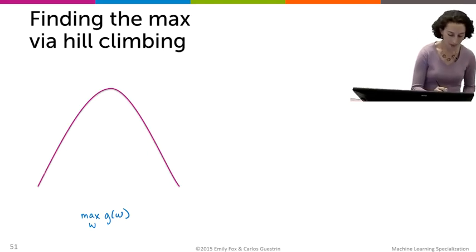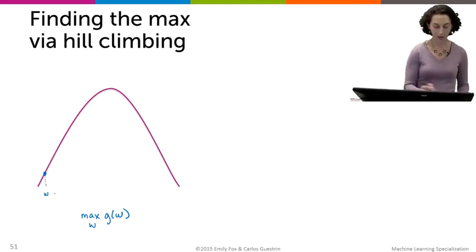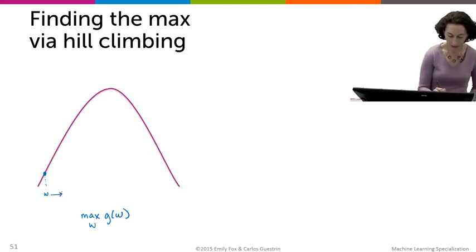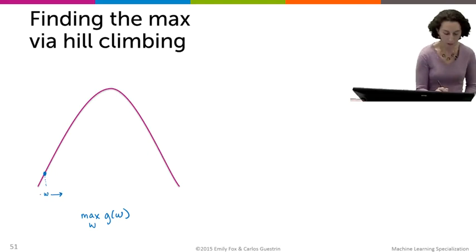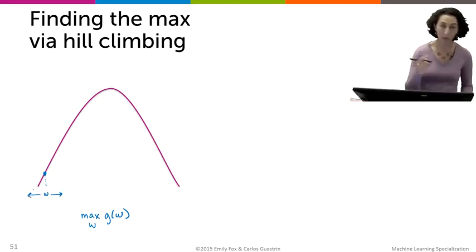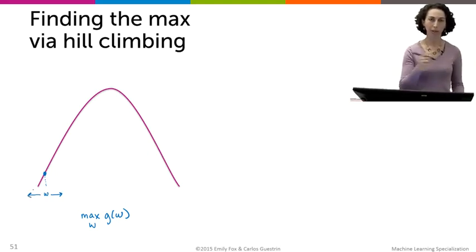Let's say that we start w here, and the question is, should I increase w, move w to the right, or decrease w and move w to the left to get closer to the optimal?